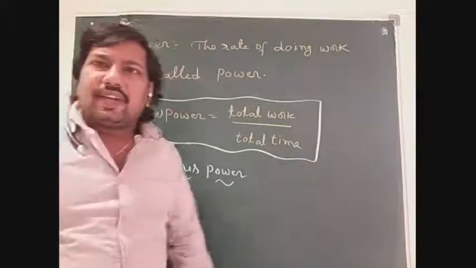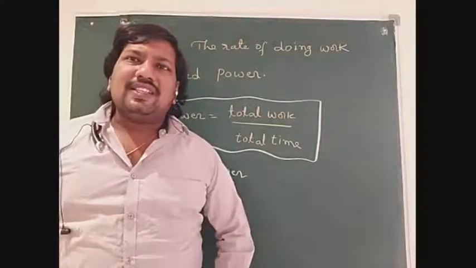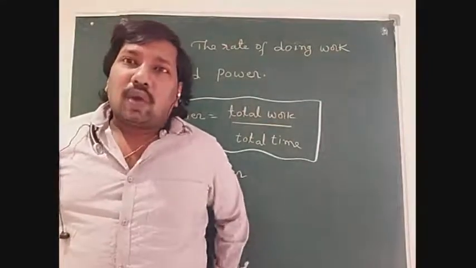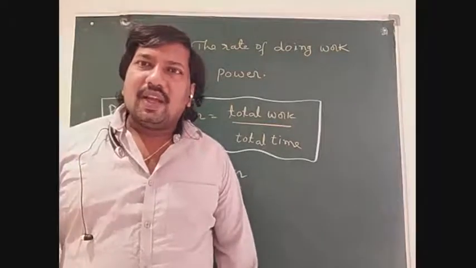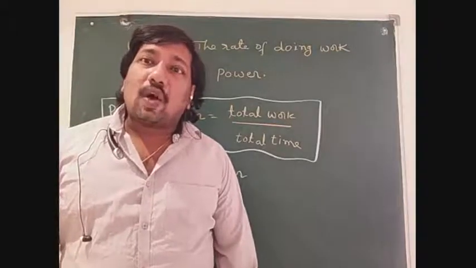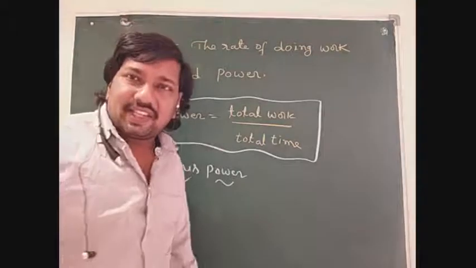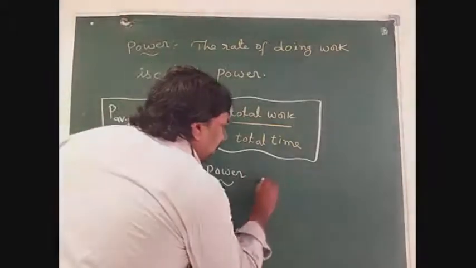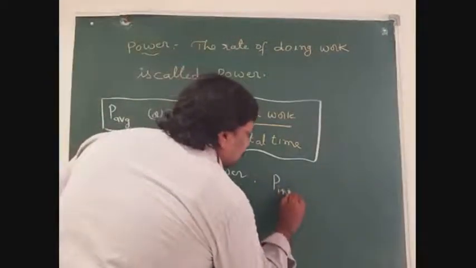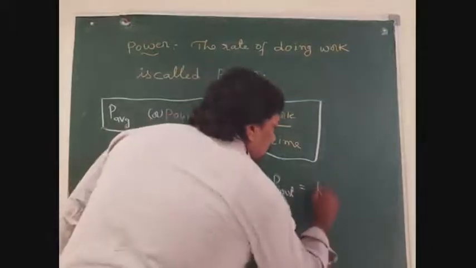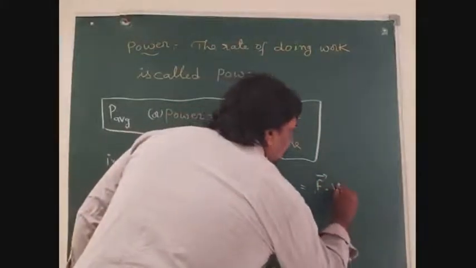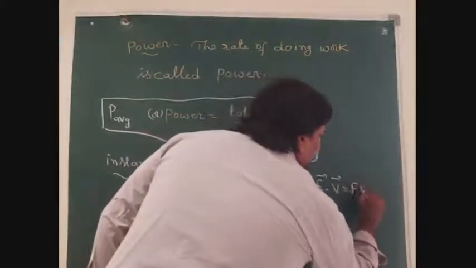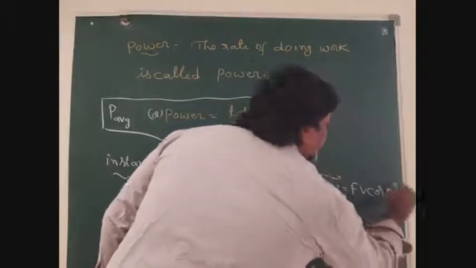What is instantaneous power? It is defined as the dot product of force and velocity of the body. Therefore P instant is equal to F bar dot V bar, that is Fv cos theta.